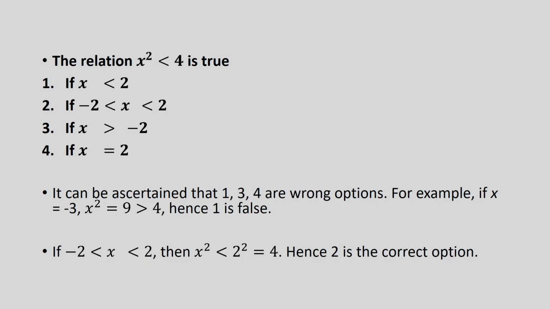Okay, here is another problem from mathematical logic. The relation x square less than 4 is true, number 1, if x is less than 2, number 2, minus 2 is strictly less than x, strictly less than 2, number 3, x is strictly greater than minus 2, and number 4, x is equal to 2.